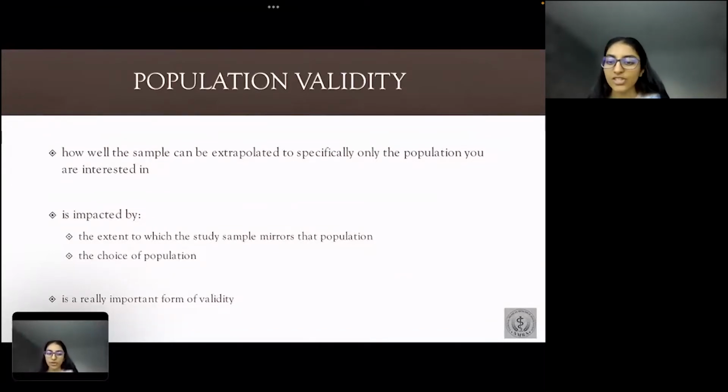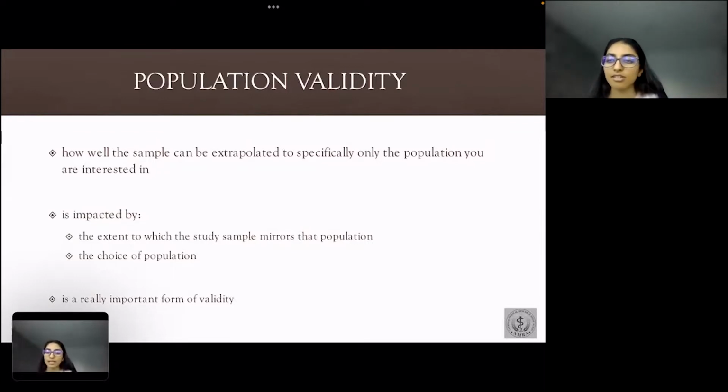So if I just explain what non-probability sampling methods are. Non-probability sampling methods are when individuals are chosen, but they're not chosen randomly. As a result, there's not an equal likelihood of every single person being chosen.